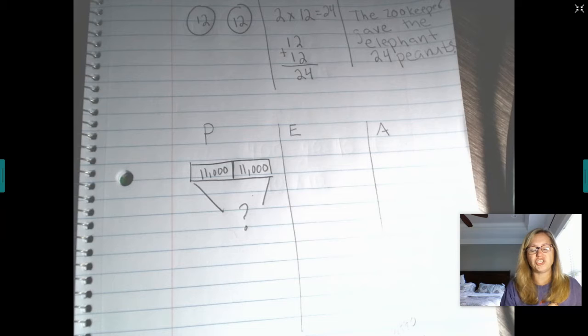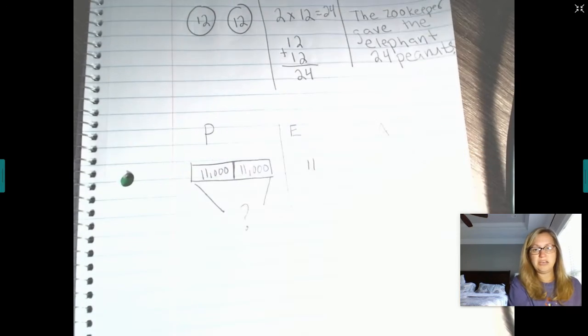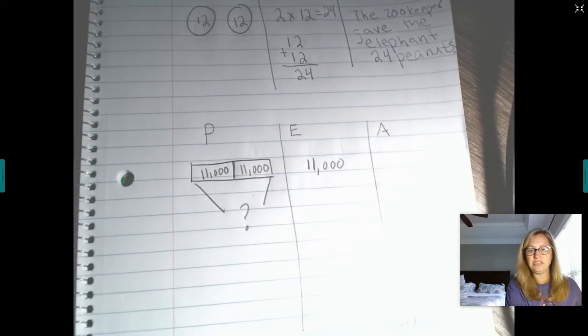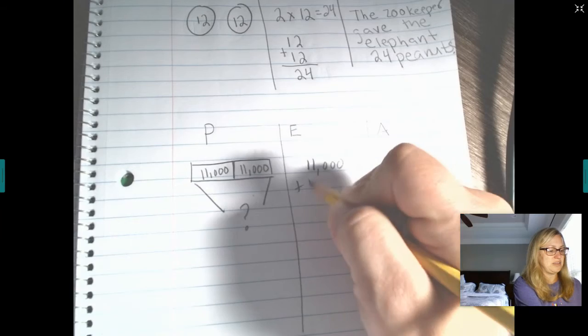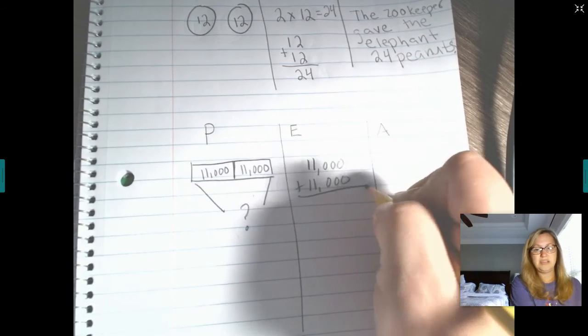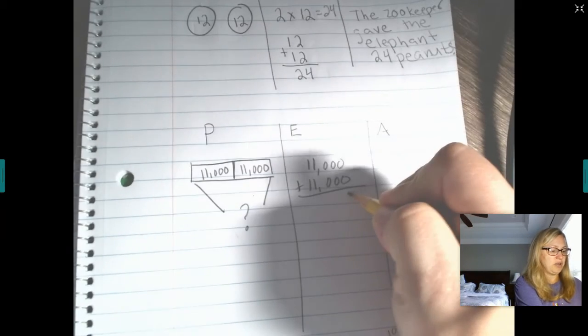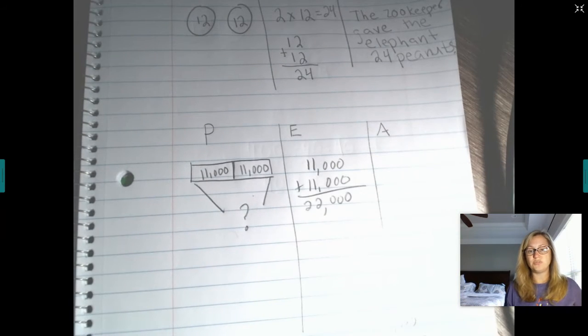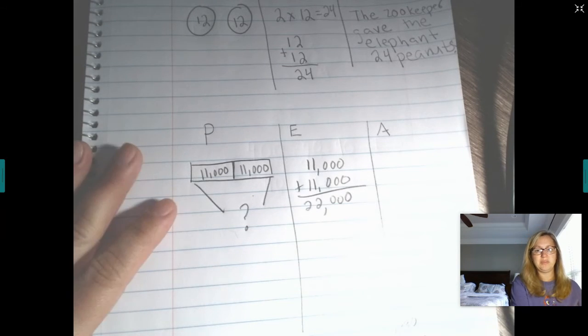So now for my equation, I'm thinking of this as an addition problem. I'm going to come over to my equation section, and I'm going to write 11,000 plus 11,000, and I get 0, 0, 0, 2, 2. So I get about 22,000. Now remember, your answer has to be written in a sentence when you're doing a word problem.